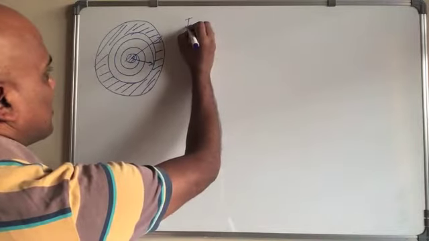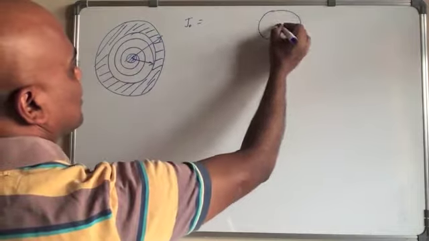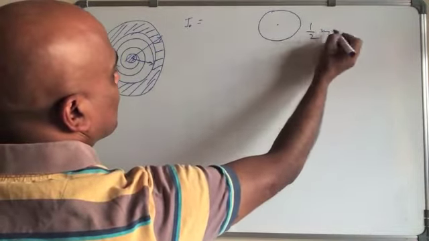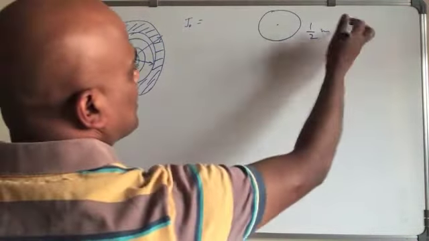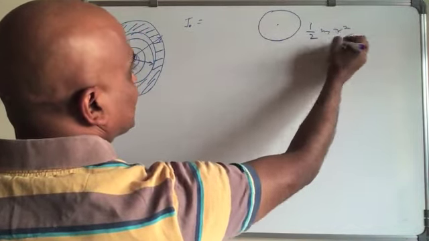J, the mass moment of inertia, for a solid like this one is half m r square, right?